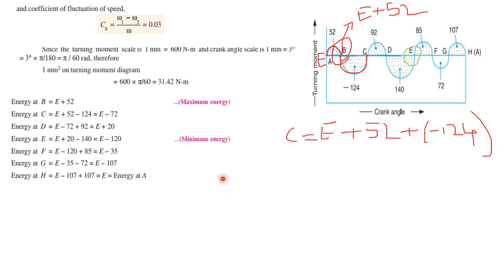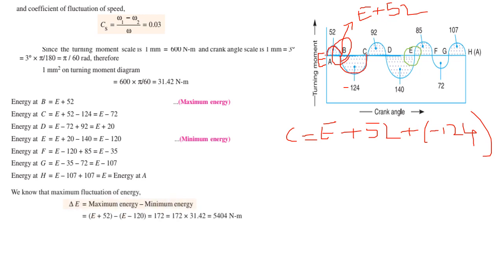The maximum fluctuation of energy can be obtained by subtracting minimum energy from maximum energy, that is, subtracting the energy at point E from the energy at point B. So delta E is equal to maximum energy minus minimum energy, that is E plus 52, which is the energy at point B, minus E minus 120, which is the energy at point E. That finally gives me the value of 172 mm square, because all these are area values.